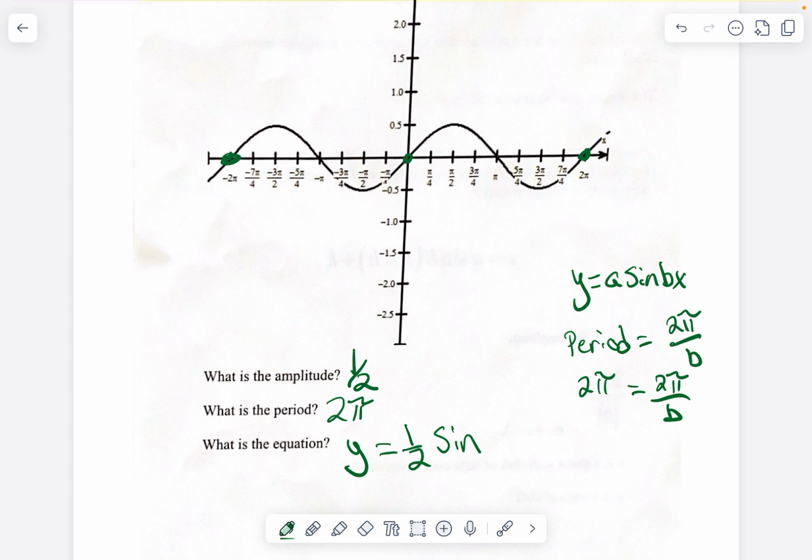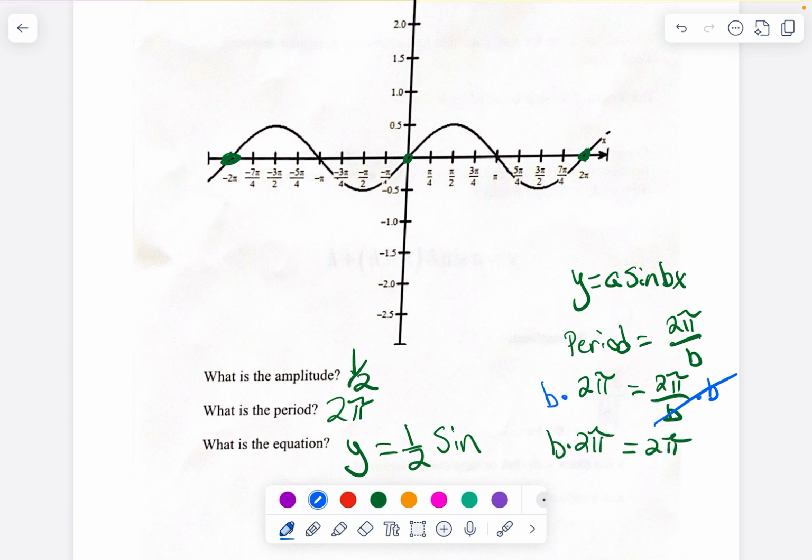If you just look at this, you can probably identify that b is going to be 1, because 2 pi divided by 1 is 2 pi. If we were to solve this algebraically, what would we be doing? We would be multiplying each side by b. The b's will cancel on the right, and then we'd get b times 2 pi equals 2 pi.